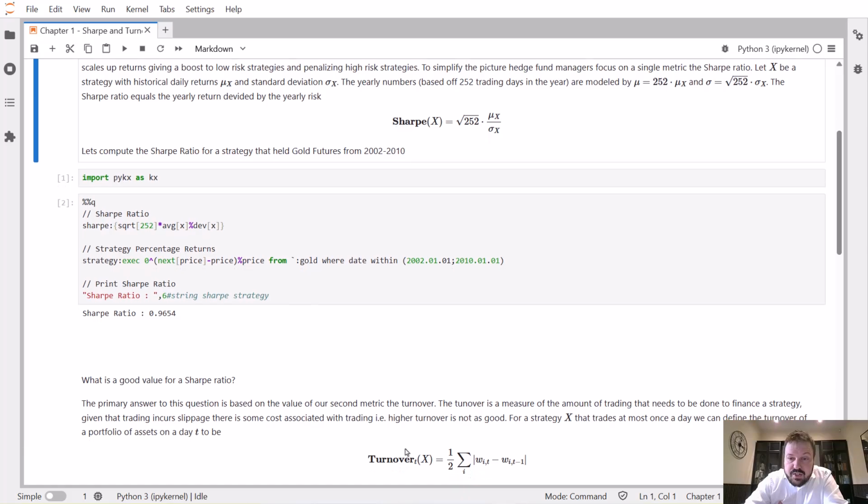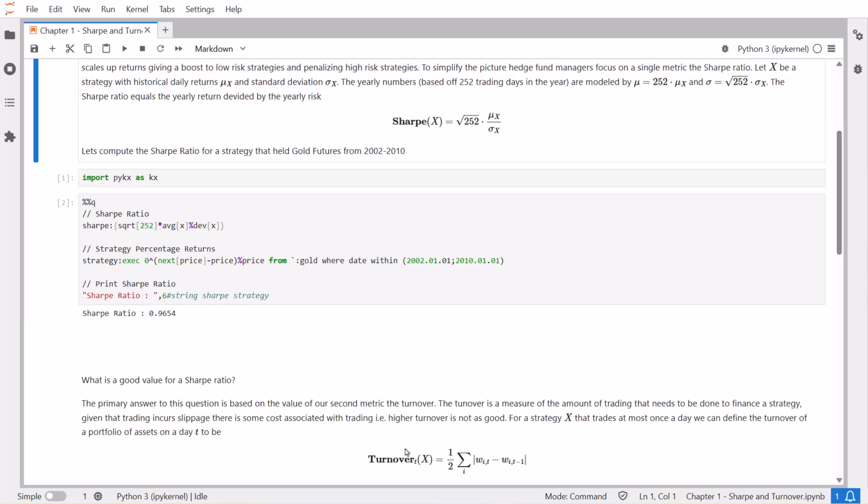Turnover is a measure of the amount of trading that needs to be done to finance a strategy. The problem is that every time we make a trade with a counterparty or a bank, they'll generally take some percentage of our capital to make that trade. So a high turnover where there's a lot of interacting with counterparties is generally not good.